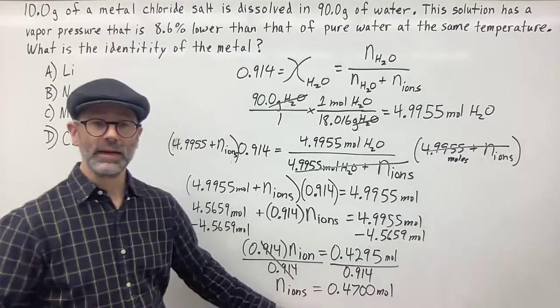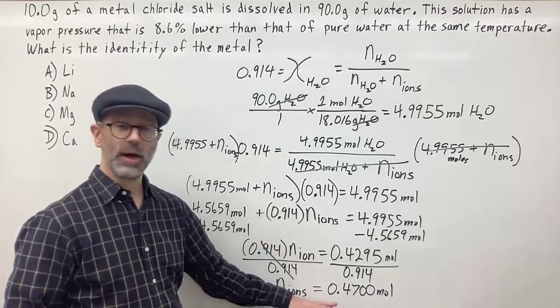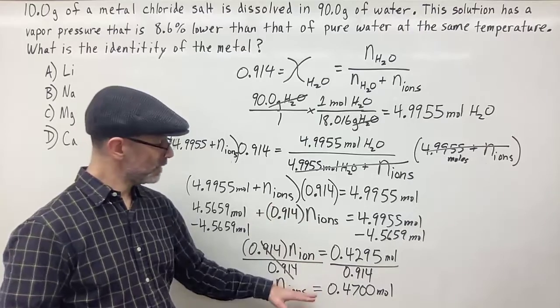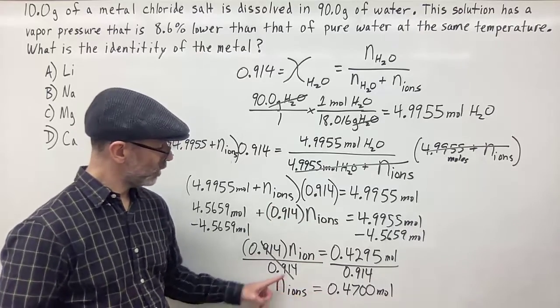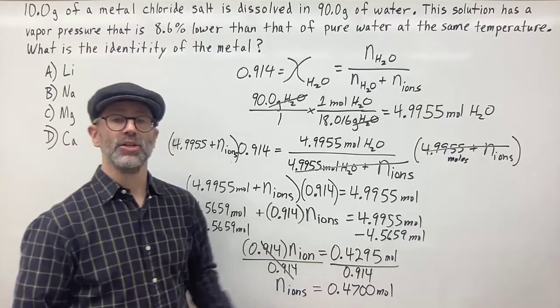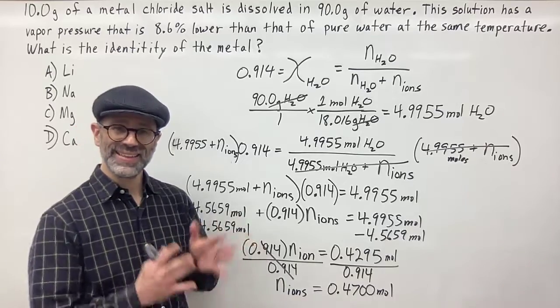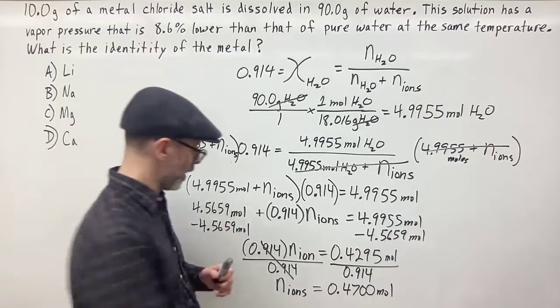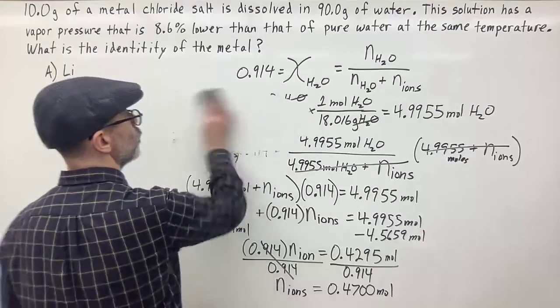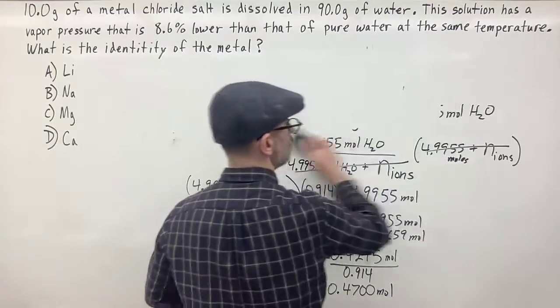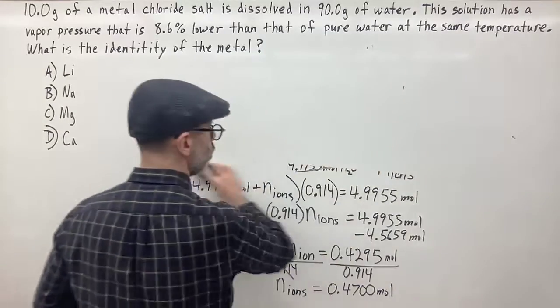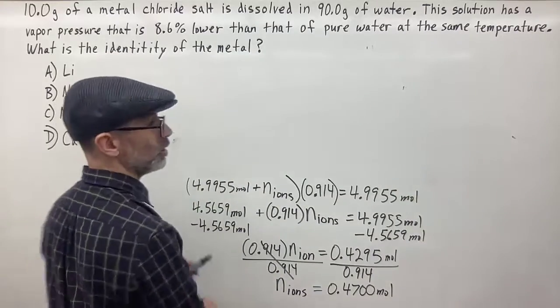Now, again, what I want to emphasize here is that we are talking about moles of the ions. So we don't know exactly what the formula is, right? So if we're going back, let me erase this. We're told we're given a metal chloride.